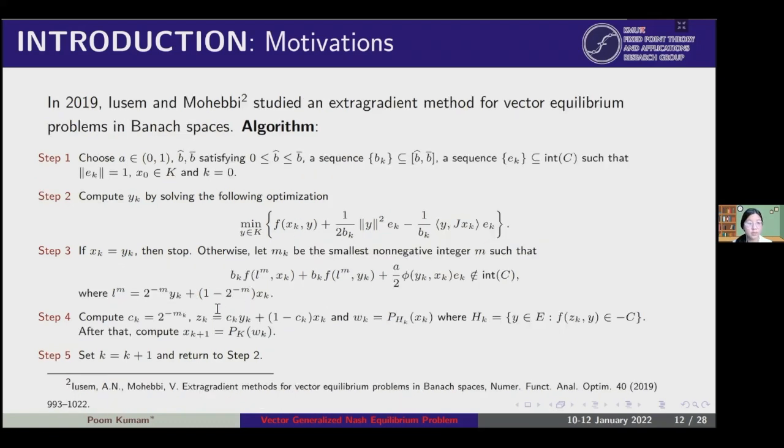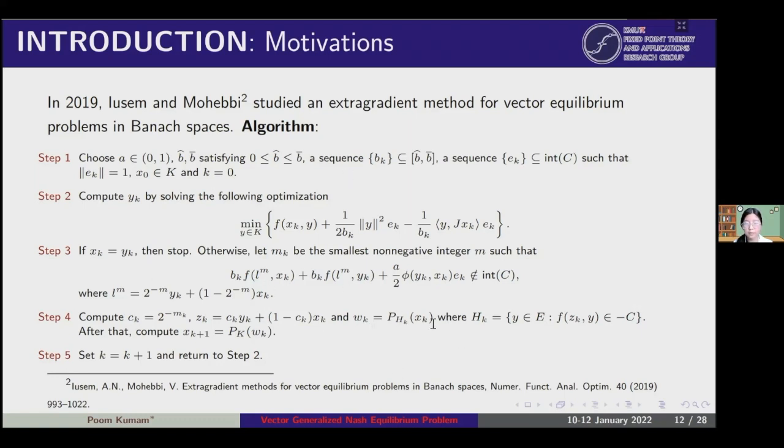Next, in 2019, Yusuf and Mohebi considered an Armijo-type line search with almost the same projection, but the projection is from WK, where WK is the projection of XK again, meaning that they project two times instead of projecting onto the intersection set.